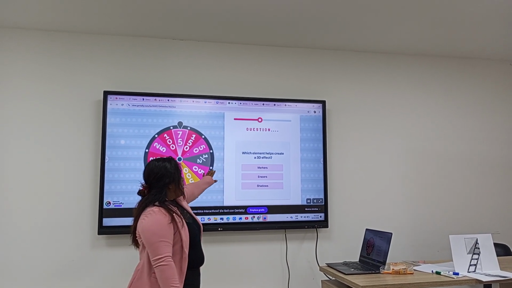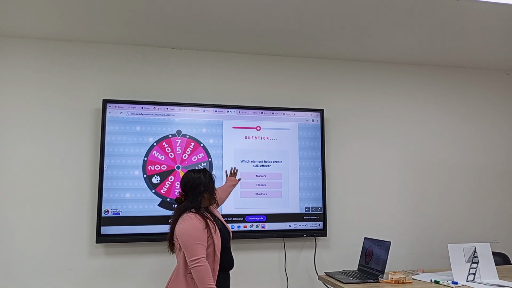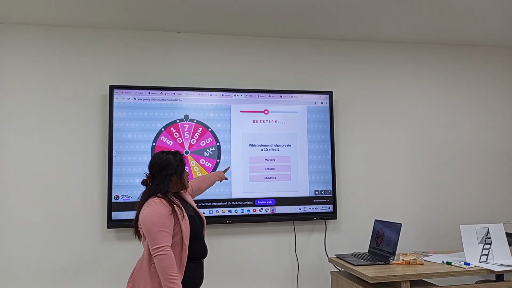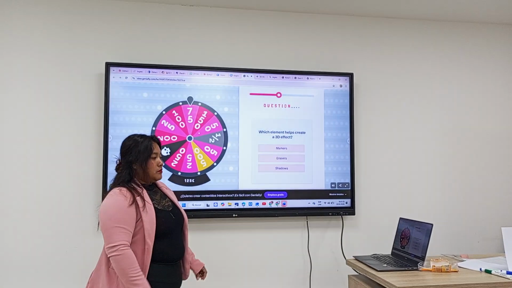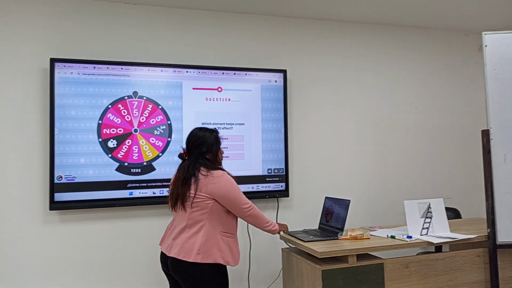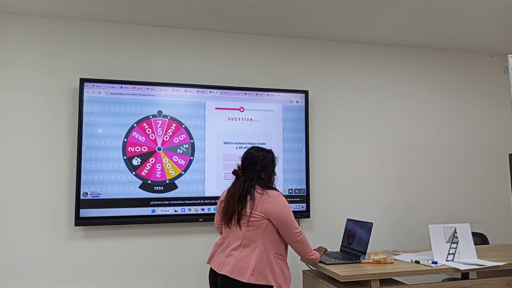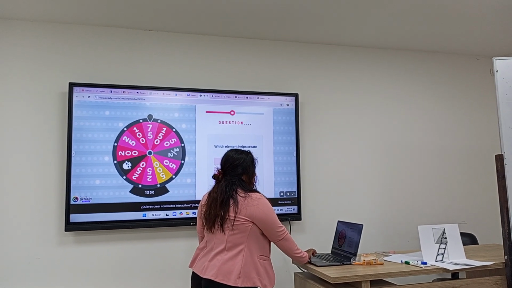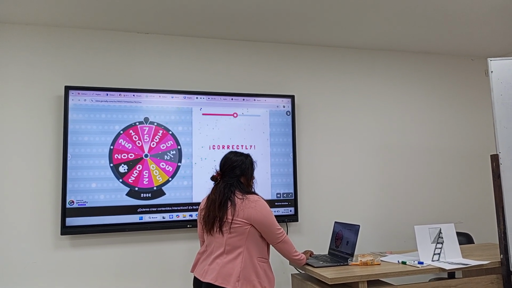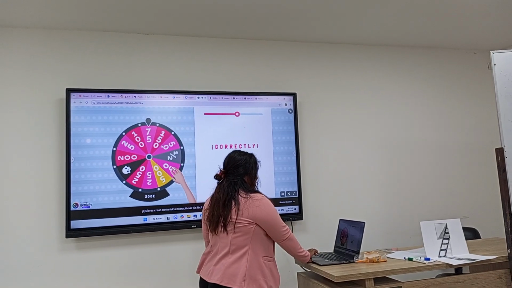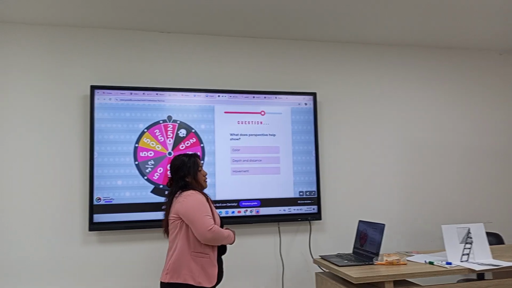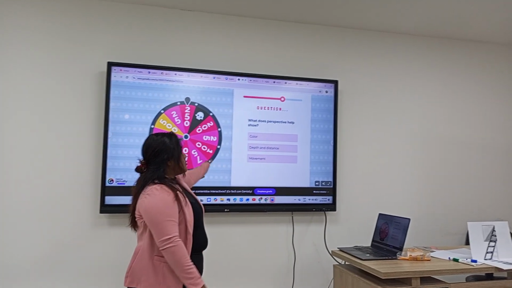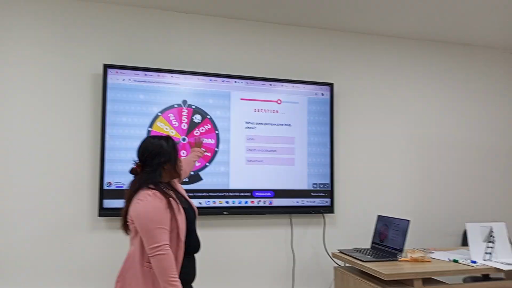Next question. Which element helps create a 3D effect? Markers, eraser, or shadow? Shadow. What does perspective help show?